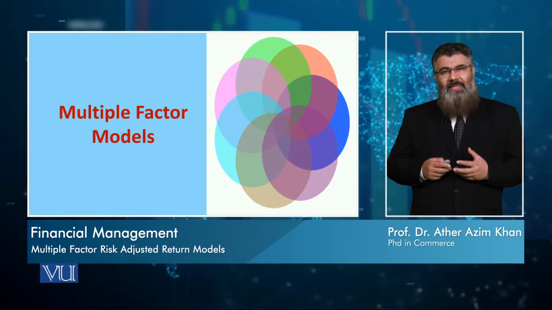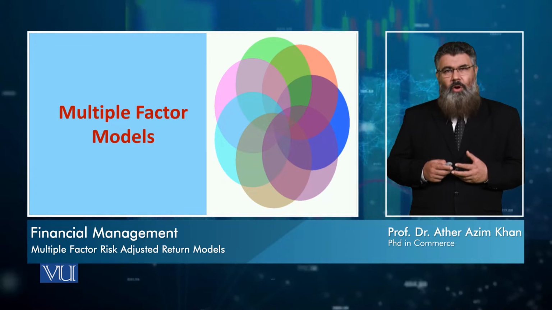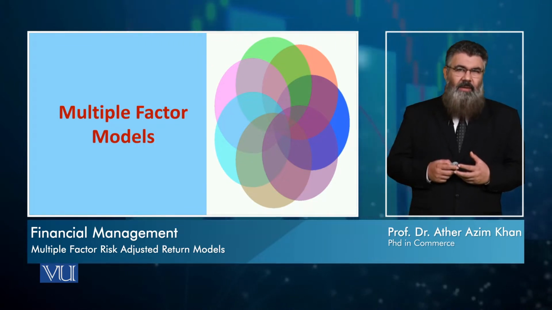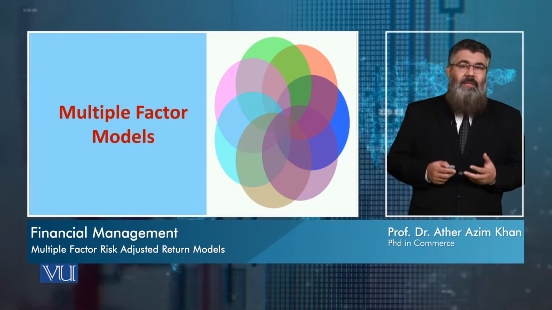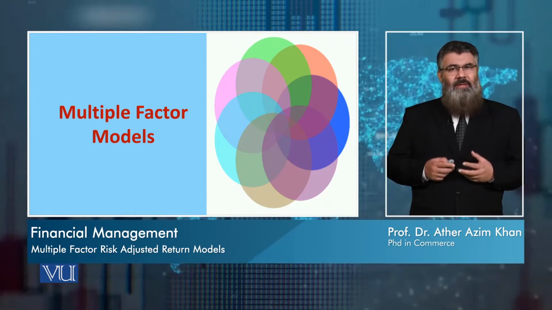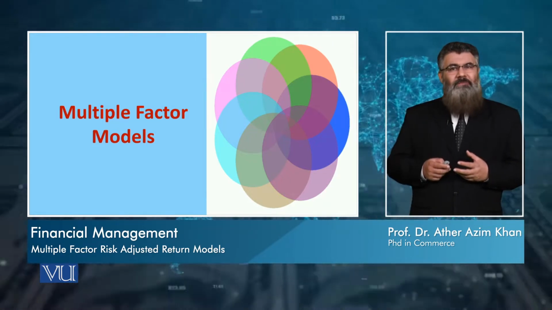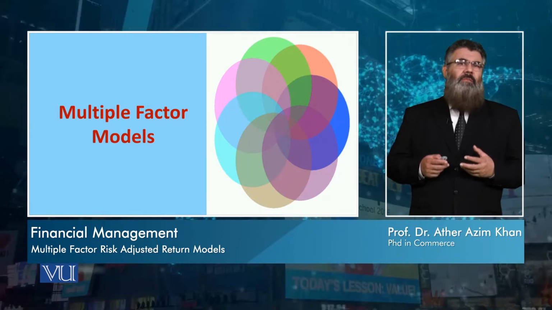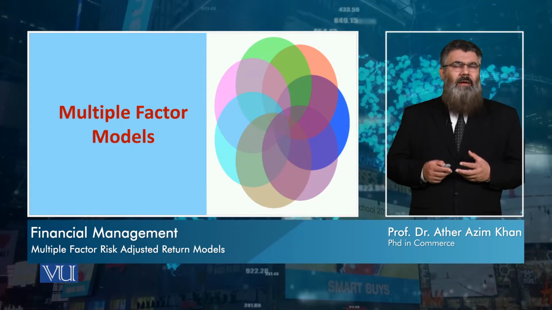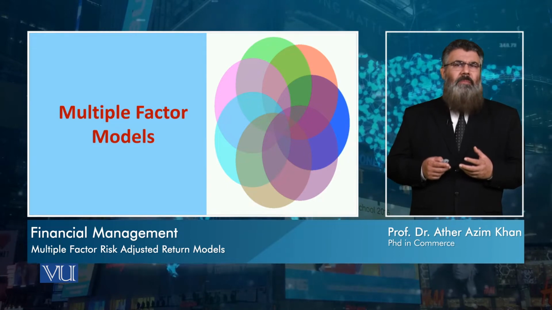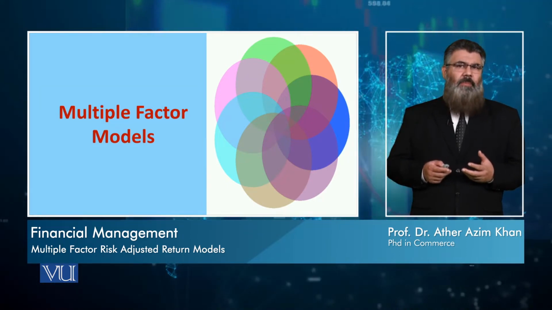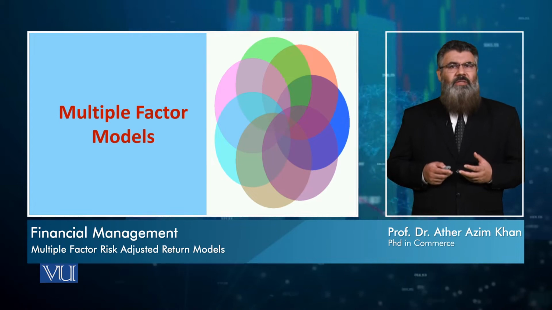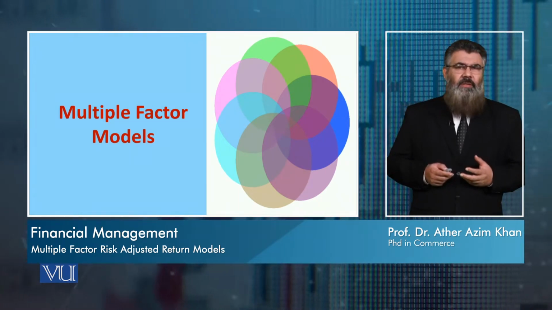Is there a better explanation of the risk adjusted return including other factors? And as a result we came up with several factor models, that is multiple factor models. And these are many different multiple factor models which were developed by different researchers and financial experts.